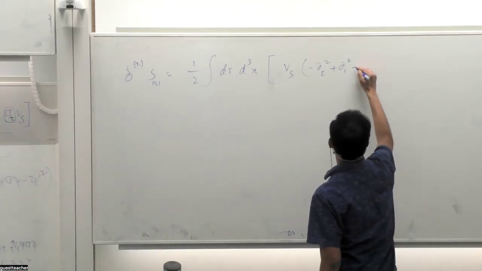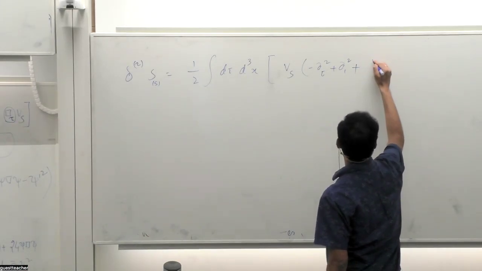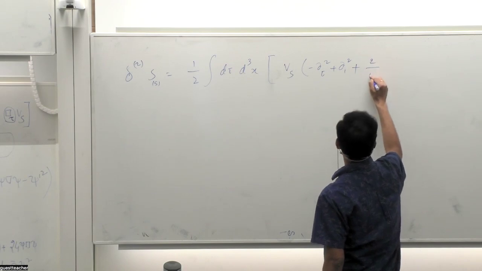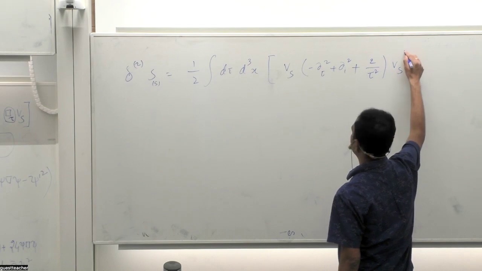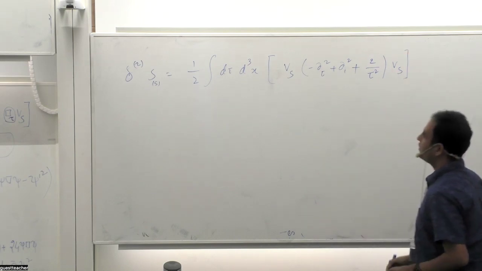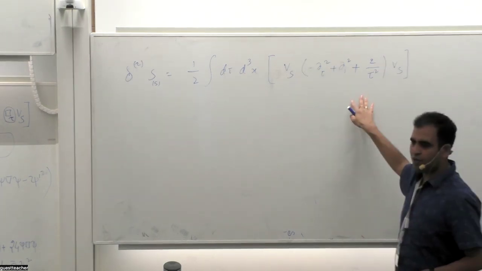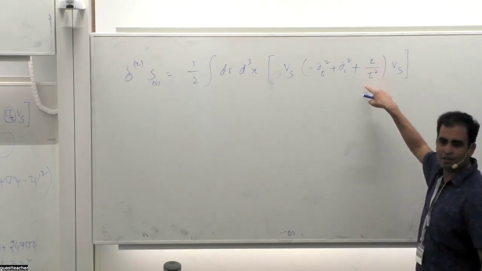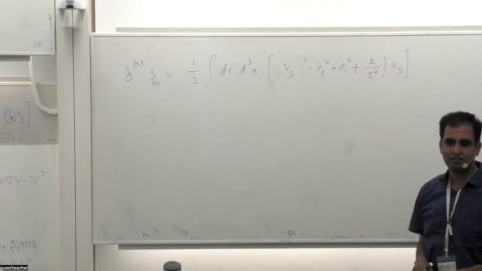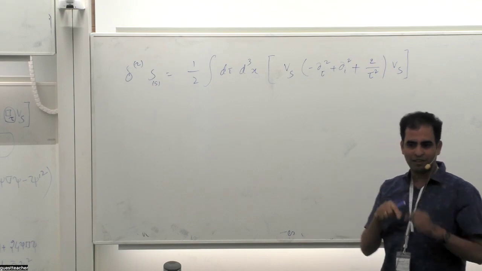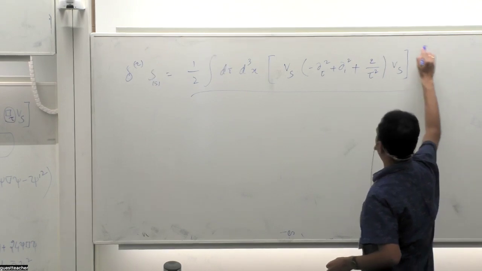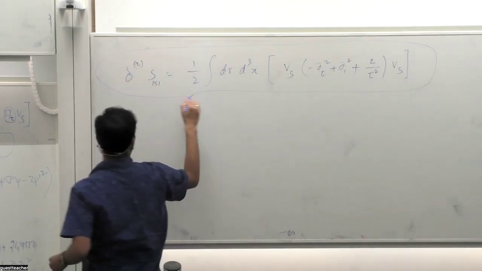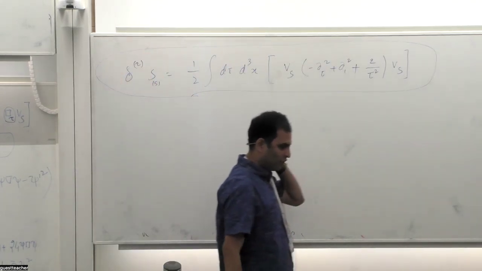Plus 2 by tau squared. Yesterday we discussed that this is where we stopped, because this looks like a time dependent mass with a negative mass squared. And we ended up saying this looks like an inverse harmonic oscillator.